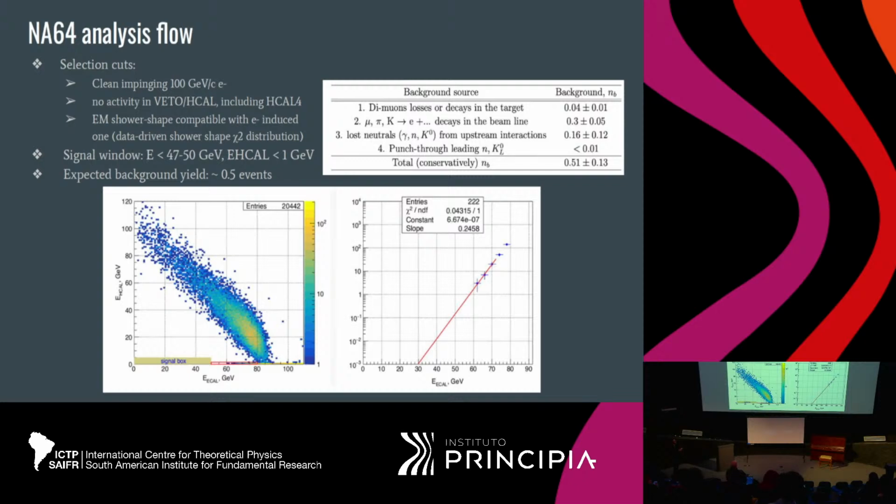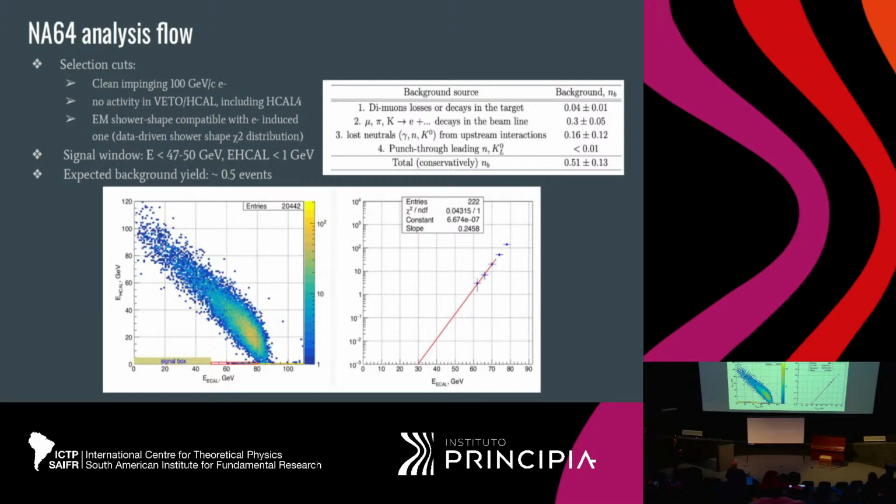But you can see here that all this background results in less than 0.5 events of background, and this is for the last published NA64 data.